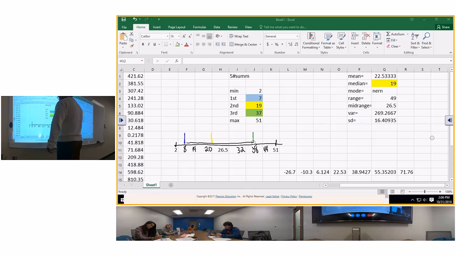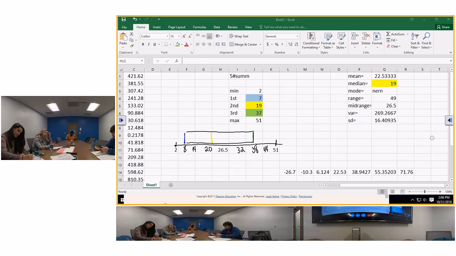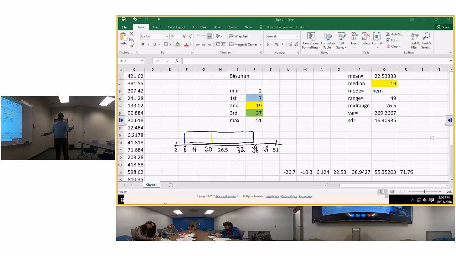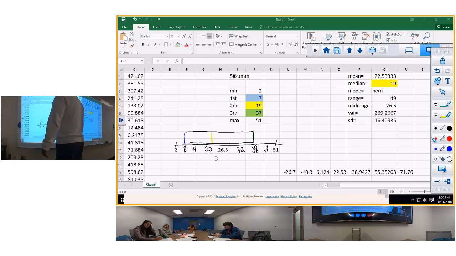Well, tell me why they're normal. Because it's not too far to the middle. Because they're in sequence, right? The numbers are in sequence. But why do we have a little bit, what's the middle? The middle is 26, right?